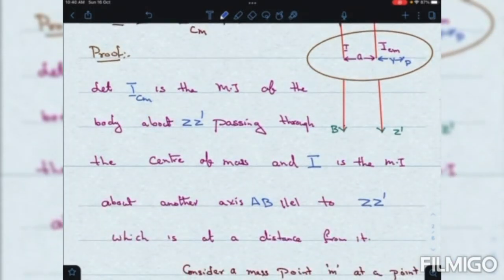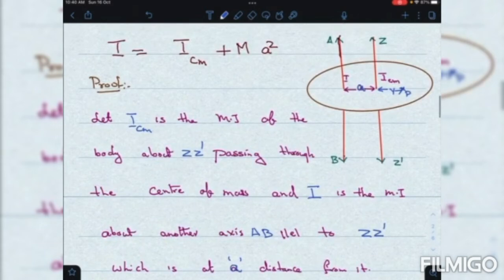Which is at a distance a from it. I have marked that also here, a. Now I am going to put a point P. Here consider a point of mass m. What is the distance from AB? This is A and this is B, right?